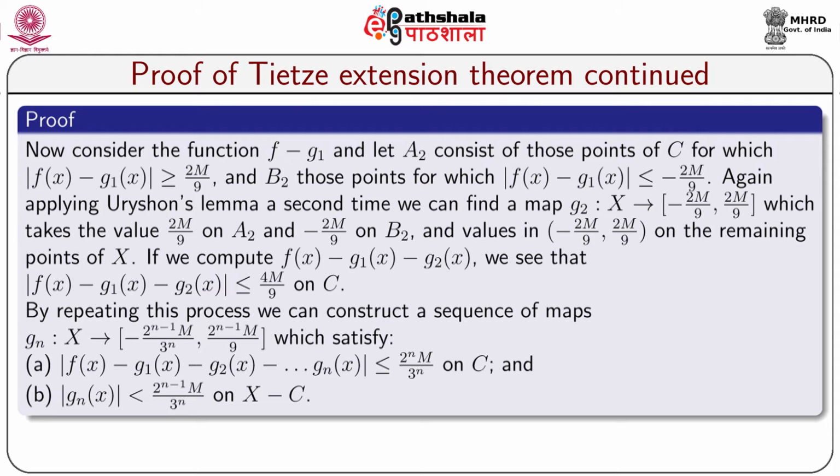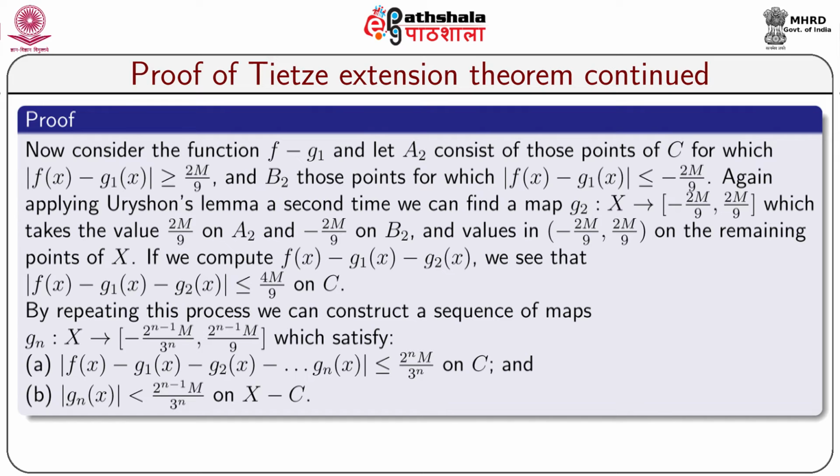Again, we can apply Urysohn's lemma, and by applying it a second time, we can find a continuous function g2 from capital X to the closed interval minus 2m/9 to 2m/9, which maps the set A2 to the value 2m/9 and maps the set B2 to the value minus 2m/9.